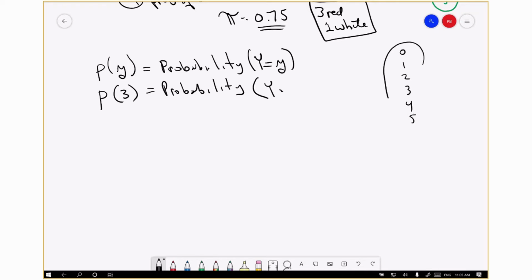That's the whole concept of randomness. When we do the actual experiment, the realized value of the random variable y, which could be any of these things, is actually going to turn out to be 3. And so we need a formula to be able to calculate that.